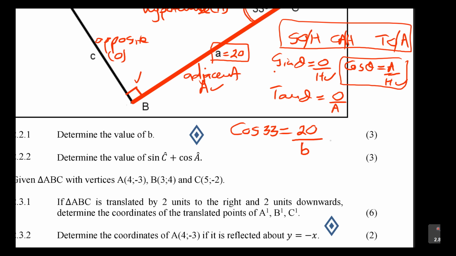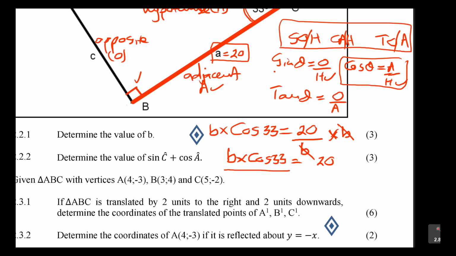It's very simple. Since B is in a fraction, you multiply by B because it's below, so that you can remove that fraction. But what you do on the left, you do on the right. So you also multiply by B, so that you've got B times cos 33 is equal to 20. But now you are looking for B. You no longer want cos 33, so you divide by what you don't want.